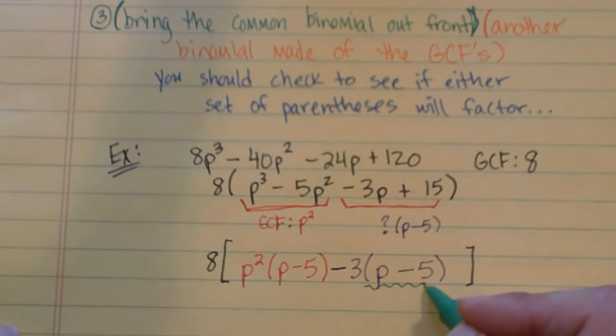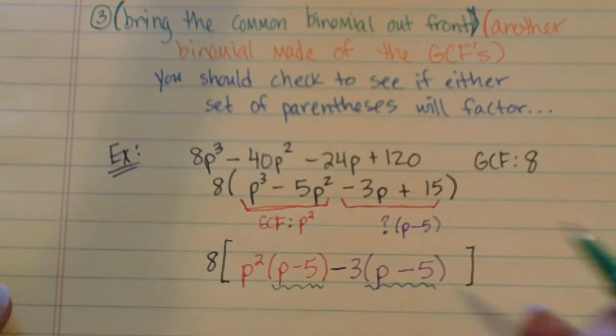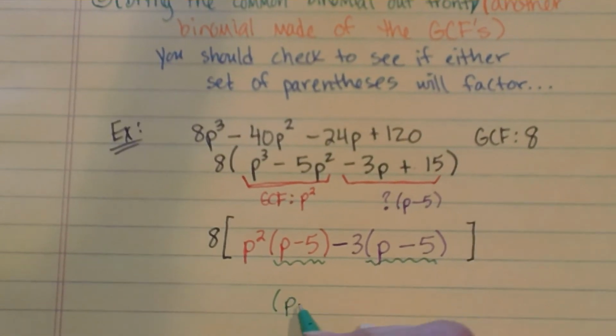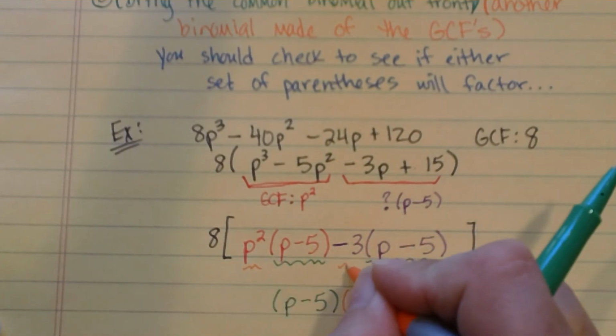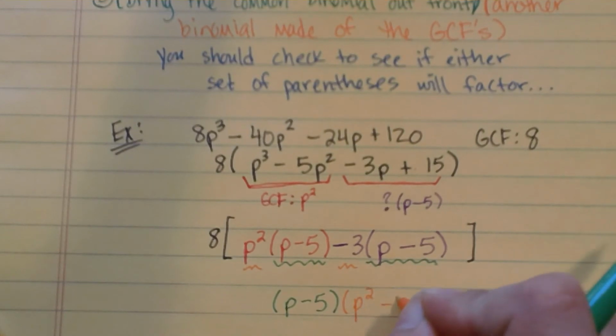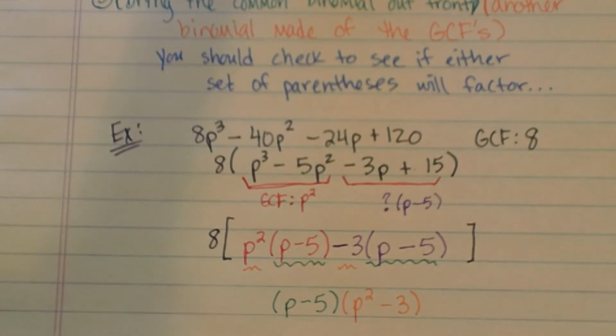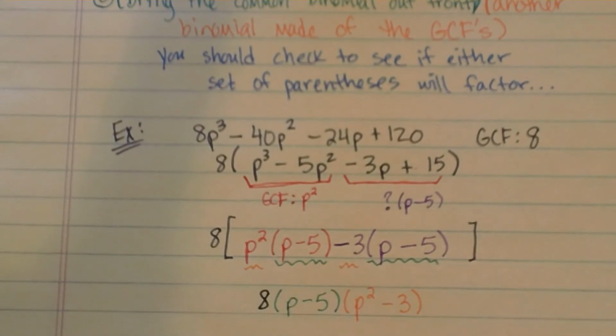So now I have that common binomial. My common binomial is p minus 5. So the p minus 5 will go together as one parenthesis, and then times the binomial that was left, p squared minus 3. And I don't want to forget that I have that 8 from my greatest common factor out front.